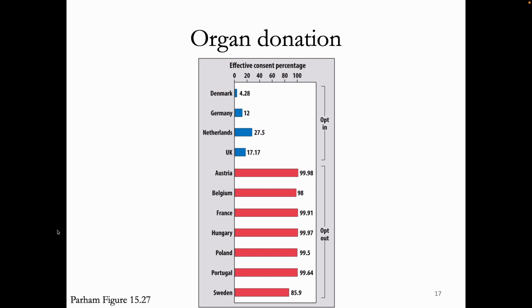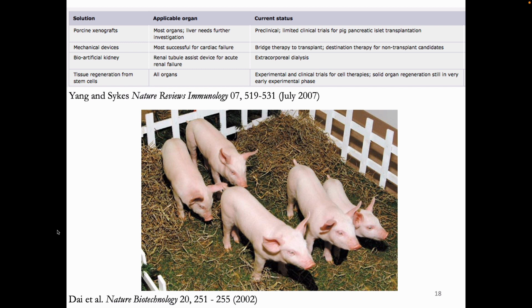Immunologists have also tried to come up with other ways to deal with this organ shortage issue. One thing that people have looked into is using stem cells to regenerate tissue that is being damaged.